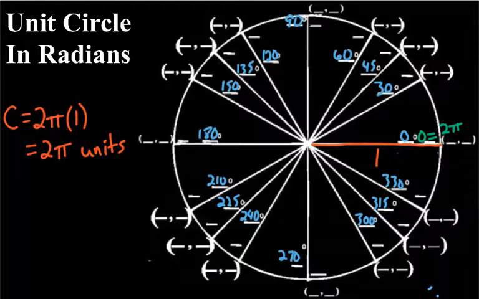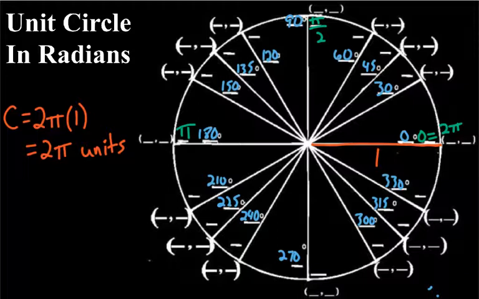Now we can think about that since it's all the way around is 2 pi, halfway around is pi units. So from here over, that angle is pi radians. And if we think of half of the half circle, which would be this quarter circle, well, half of pi is pi over 2.